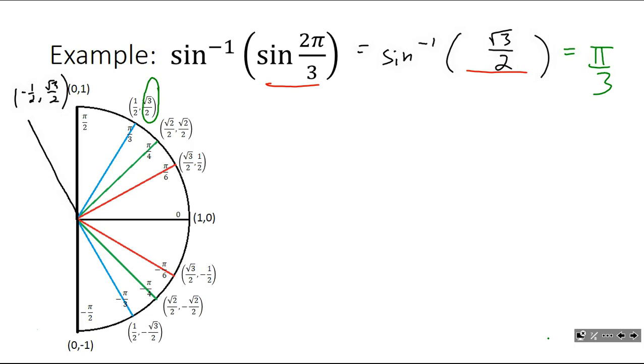If you compare to the original problem, notice the answer doesn't turn out to be 2 pi over 3 because it's not within our search region for inverse sine. So does this make it difficult to do these problems? No, it just suggests, as I've shown you, that rather than making a hasty answer, you should analyze it step by step. It really doesn't take that long, and the important thing is you'll do these correctly.